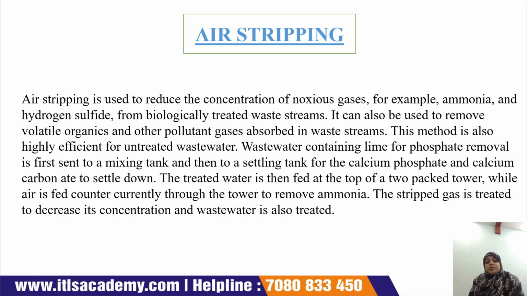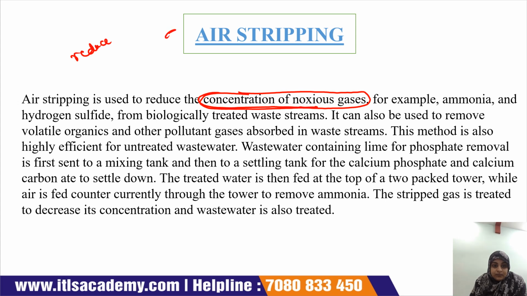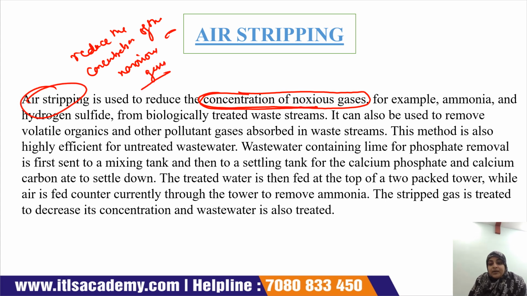The air stripping method is used to reduce the concentration of noxious gases. So when we have to reduce the concentration of noxious gases, then we use this air stripping method.